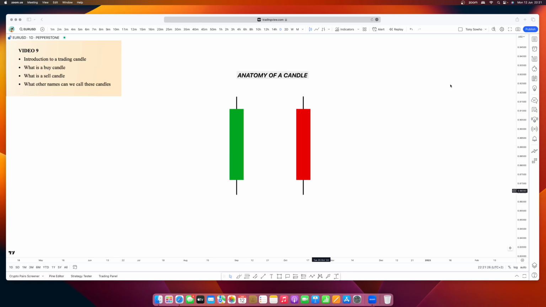Generally, when you open up your trading chart, you will see these two candles. That's how TradingView presents it after you've opened your account. The first chart you're going to see is Apple, just like in video 8.